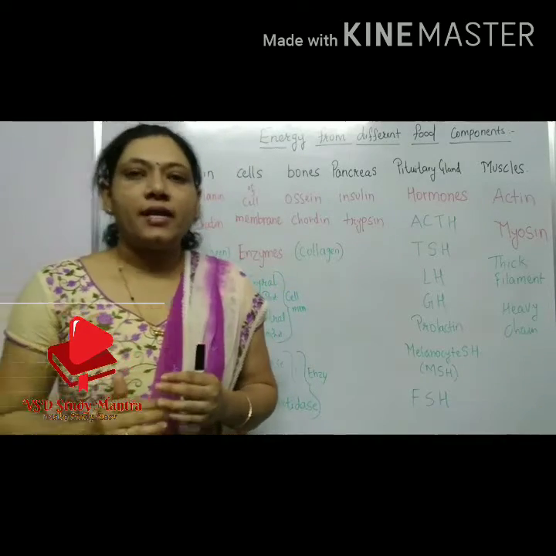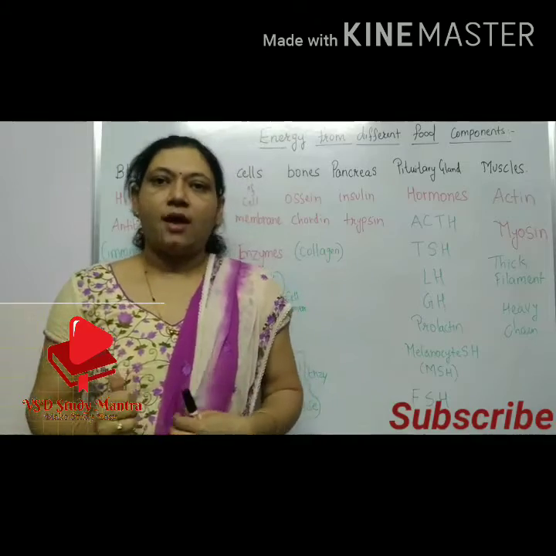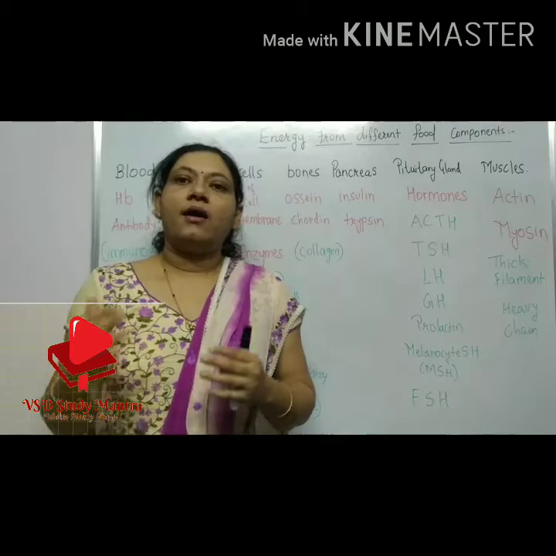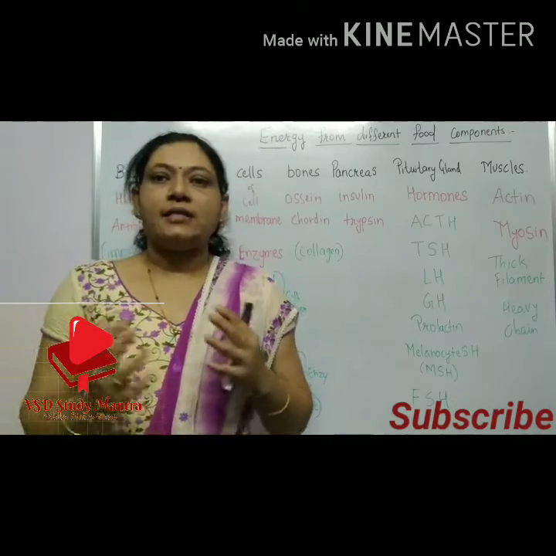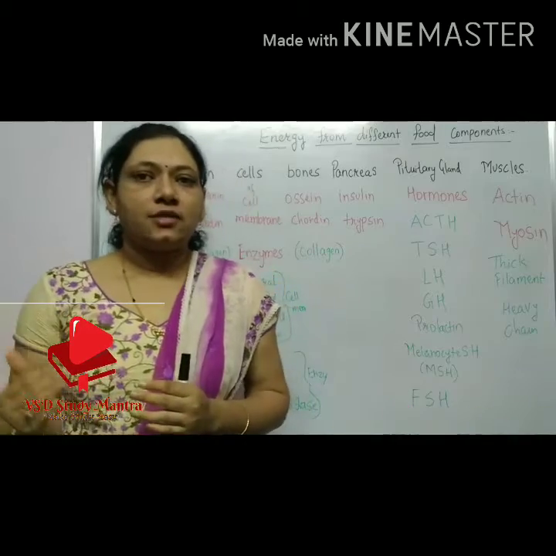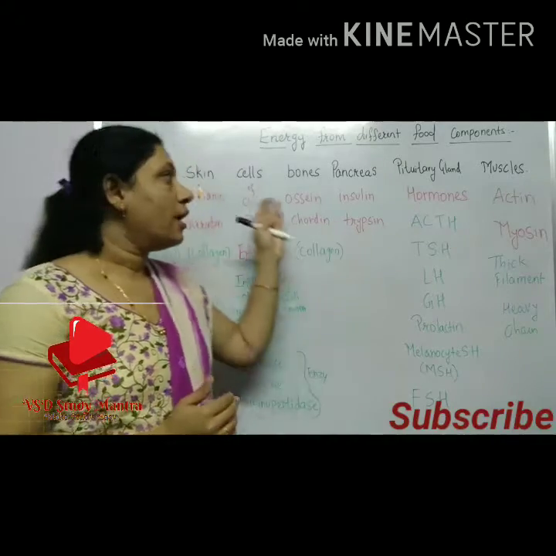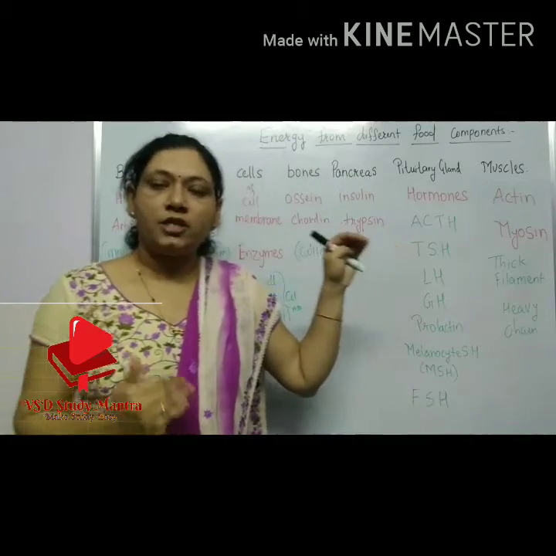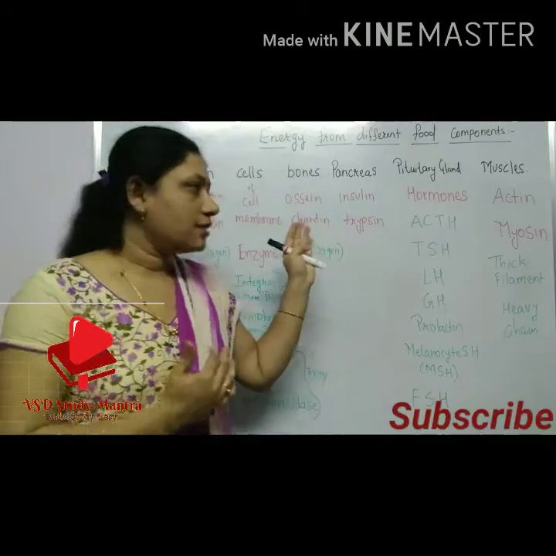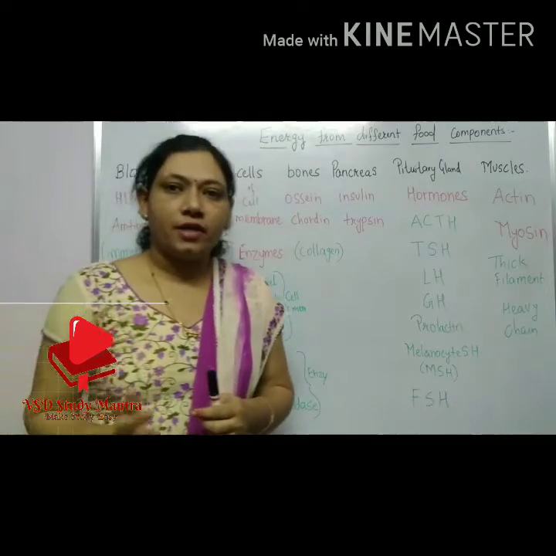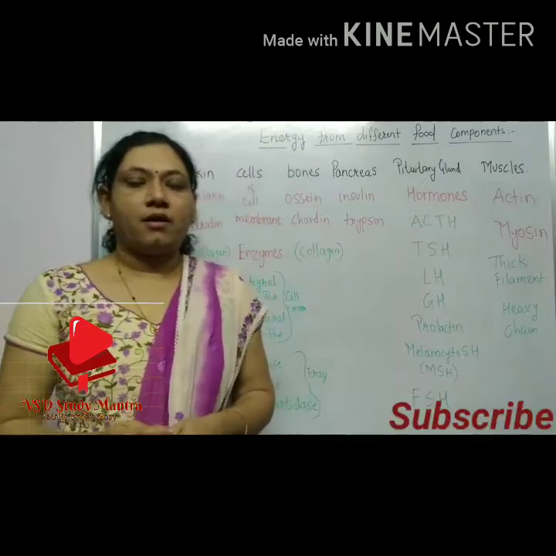There are various types of proteins in our body. There are different types of proteins in different organs and cells of our body. Today we will discuss the different organs and which protein they have. Proteins are different in different organs.